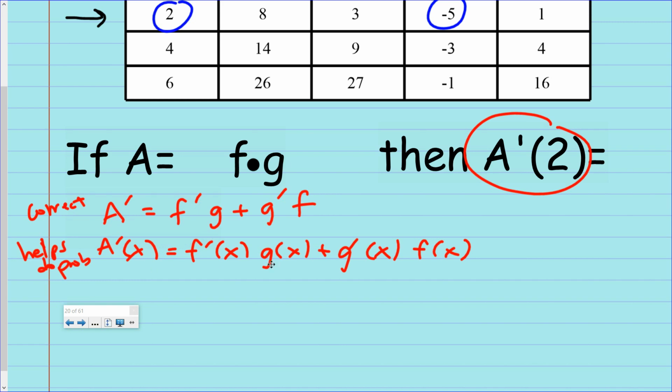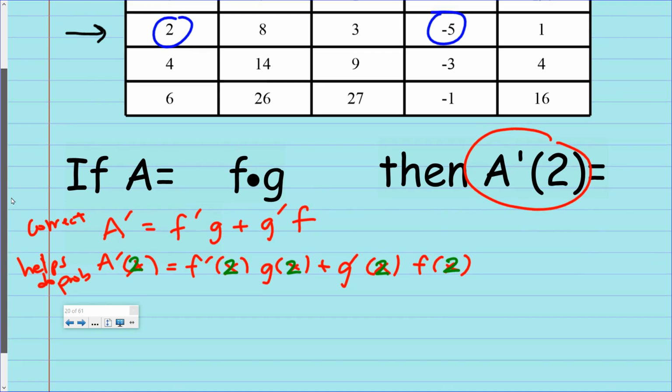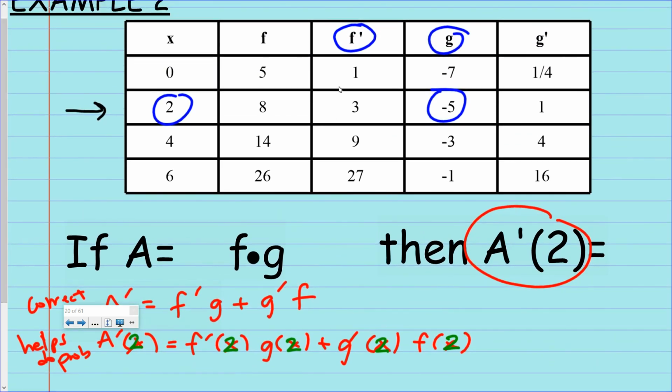So right now you just need this formula. Okay. And what this formula says is that anytime you have an x, put in a 2. And so I would put in a 2 here, a 2 here, a 2 here, a 2 here, and a 2 here. And can you assure me that you can use this table to look up each of these values? Does that make sense? And plug in. You guys good with that? Okay.